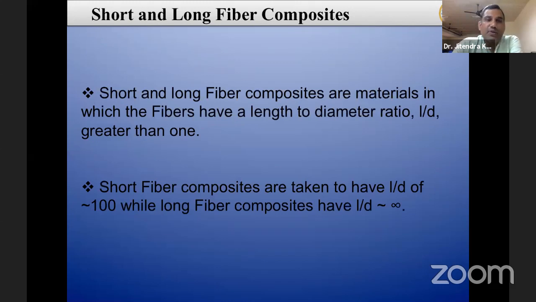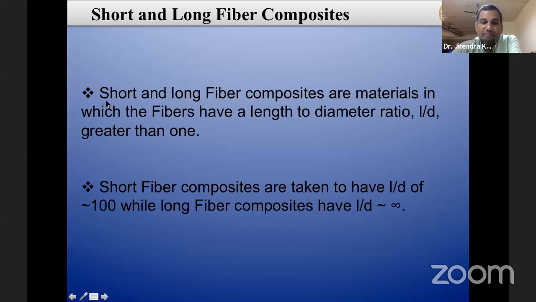So in the case of short and long fiber, how can we decide this is a short fiber, how can we decide this is a long fiber composite? It is basically decided by the length to diameter ratio. If your length to diameter ratio is approximately 100, then that is called a short fiber composite material. While if your length to diameter ratio tends to infinity, then that is called a long fiber composite material.